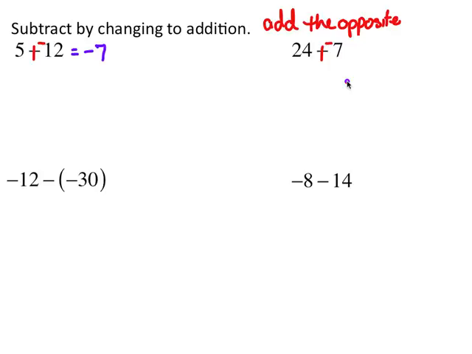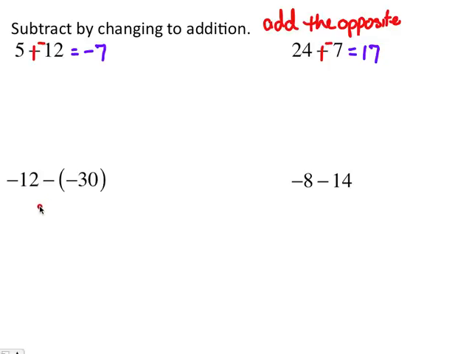So in that case, you look for the sign of the bigger number. That's the 24. So our answer will be positive. And in your head, you're doing 24 minus 7 to get your answer of 17. So it still works, even for all the other subtraction problems that you learned before. It's not something new.